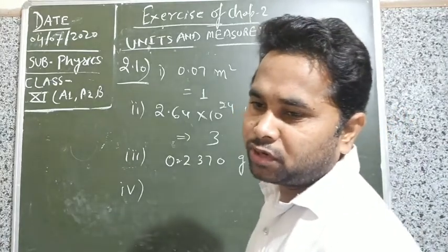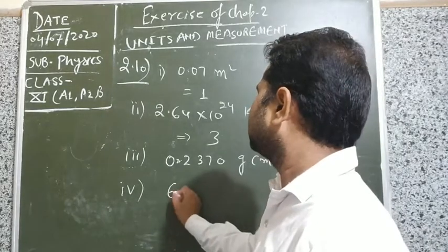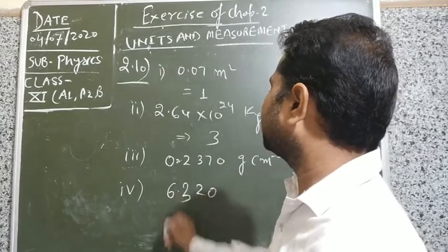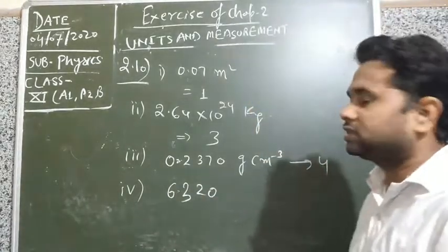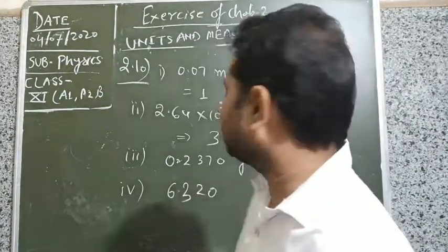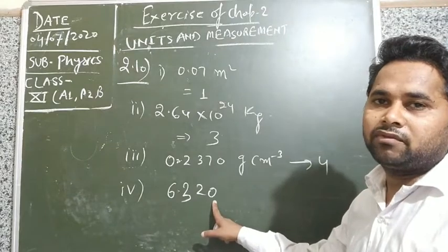Next is 6.320. It also has 4 significant figures. 4 digits are there. And it is also given in the rule कि in a decimal number the 0 is also included in significant figures.